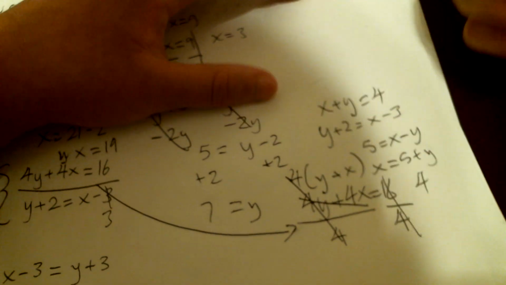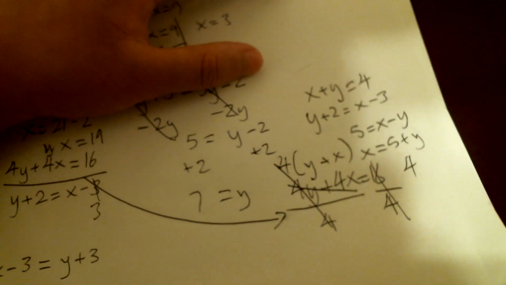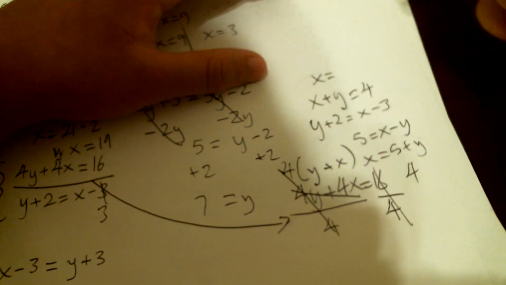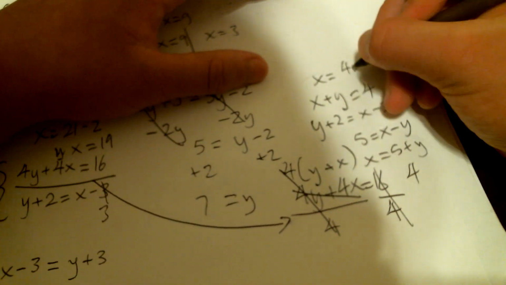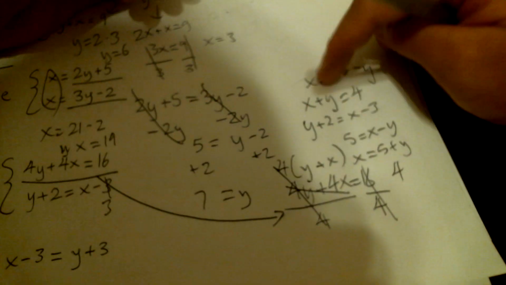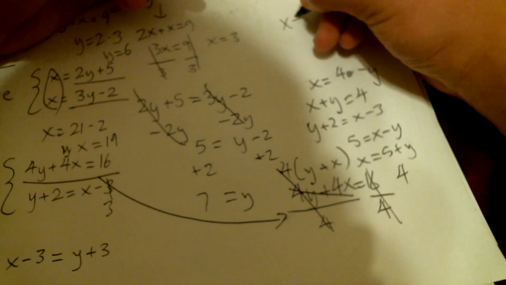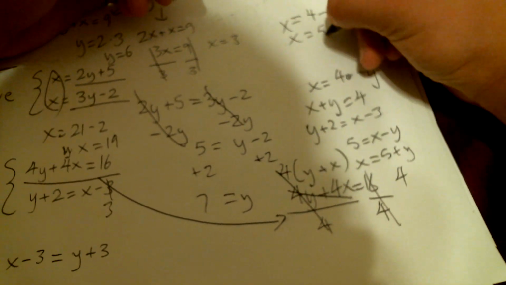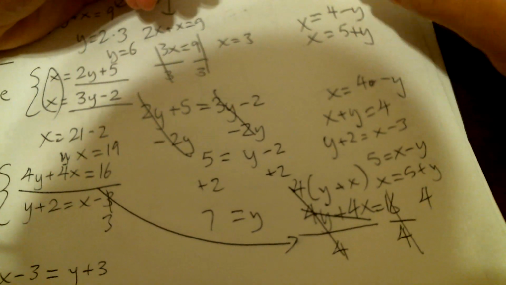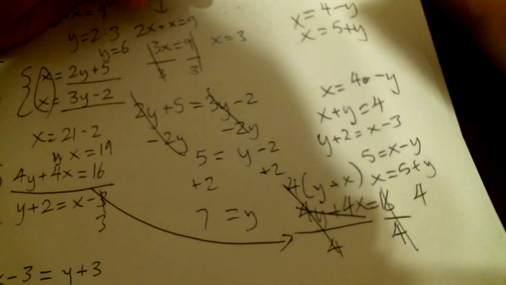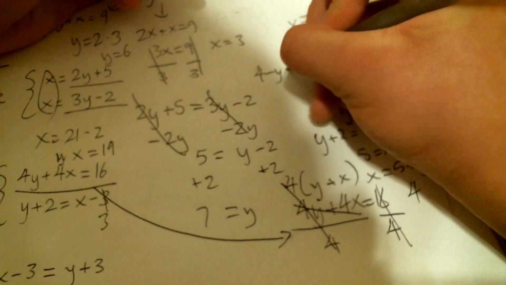Over here we can do the same thing, so x, by subtracting y from both sides, equals 4 minus y. And like the last problem we did, we have x equals 4 minus y and x equals 5 plus y. So that means 4 minus y and 5 plus y equal the same thing because they both equal x. So we can solve for y that way.